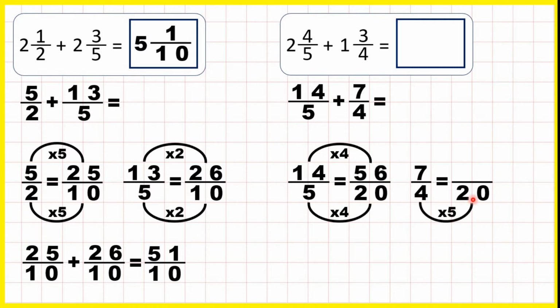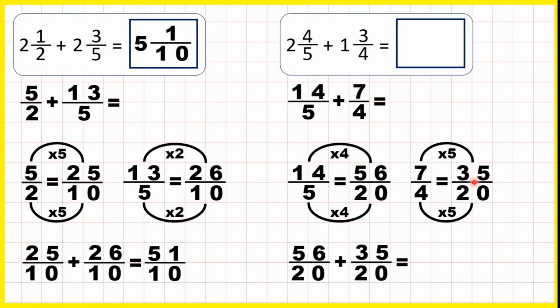Then 4 times 5 is 20, and 7 times 5 is 35. So we can rewrite our question again. Instead of 2 and 4 fifths, or 14 fifths, we can write 56 over 20, and instead of adding 1 and 3 quarters, or 7 quarters, we can add 35 over 20.